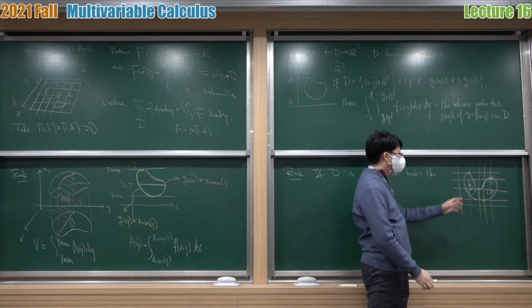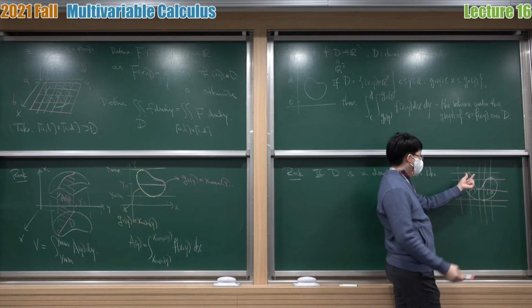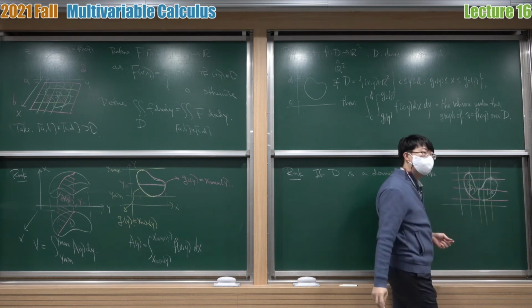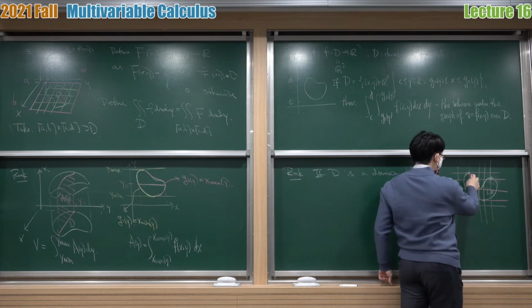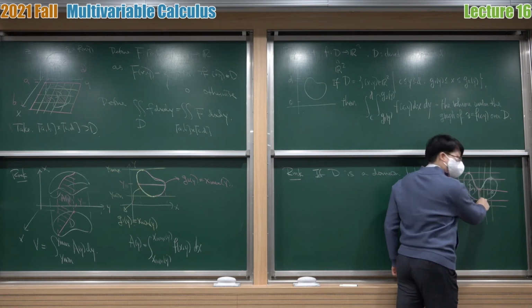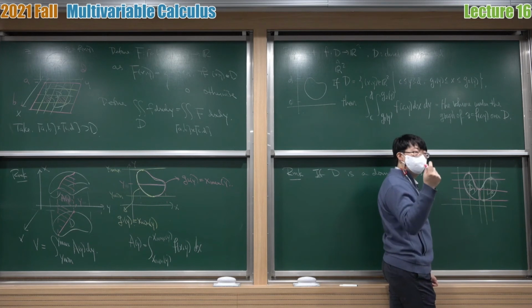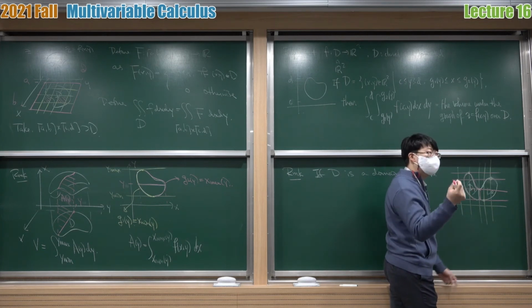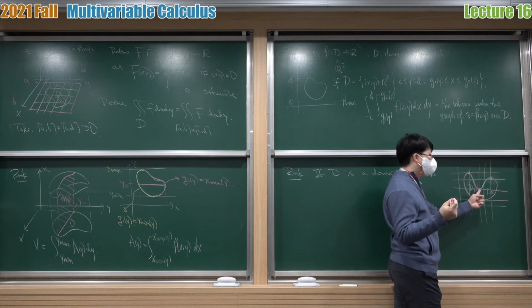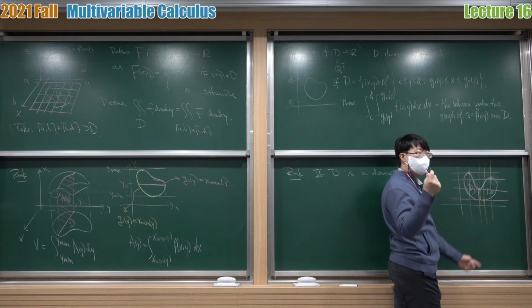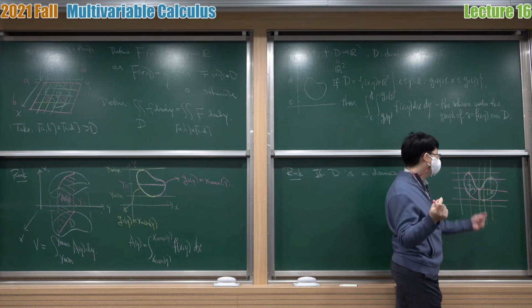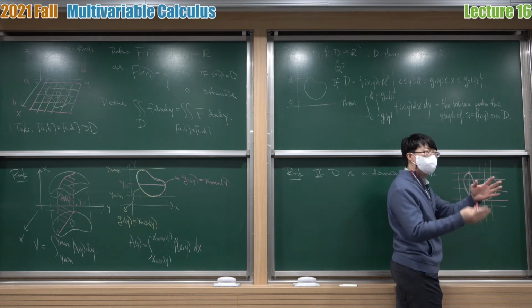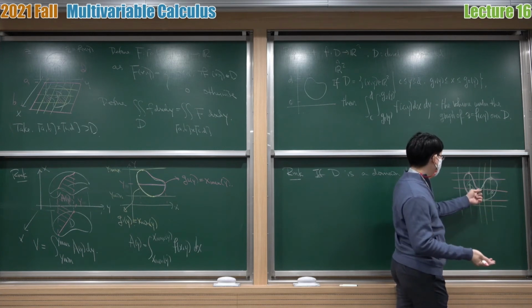So what's G1 in this case? G1 is this curve, right? And G2 is this curve, right? But now the problem is G1 can be represented by one formula, but G2 does not look like it has a single formula to represent the curve, because this is a curve, but this is a flat line, so you have to split the cases at this point.